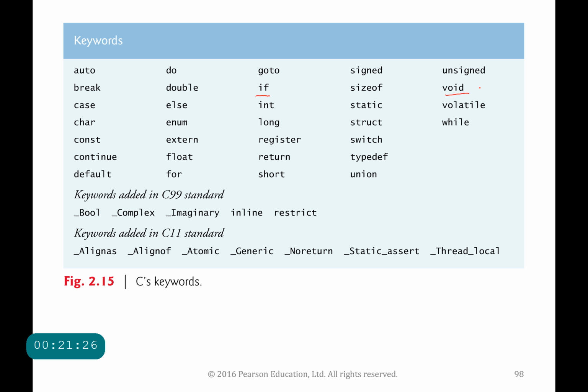We've already seen void, we've seen unsigned, we've seen signed, we've seen char, we've seen return, short, I think we've seen. So remember these keywords. Don't use them as variable names. Again, int, long, these also we've seen. Double we've seen, float. So don't use these as names of variables or names of maybe even functions or things like that. So keep that in mind.